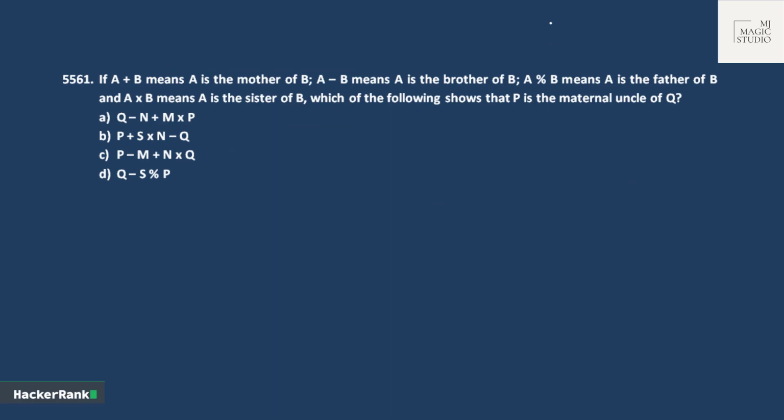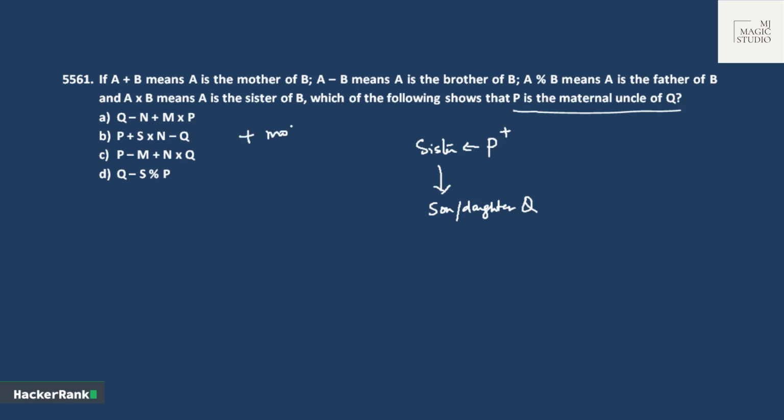Again, a symbol-based family relationship type question. Which of the following shows that P is maternal uncle of Q? If P is maternal uncle of Q, P should have a sister, and P's sister should have a son or daughter who is Q. We are looking out for this.